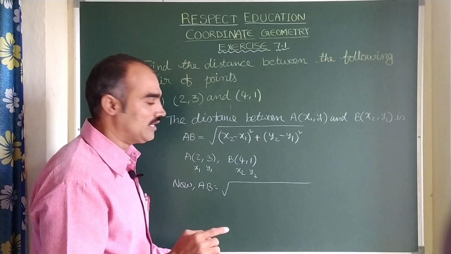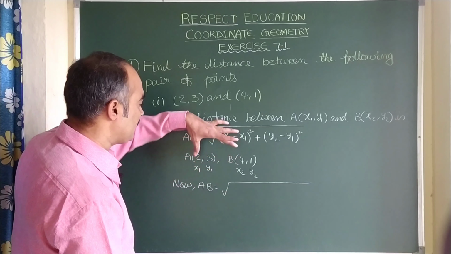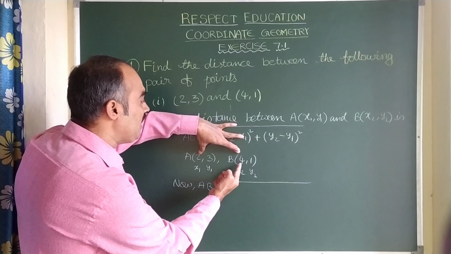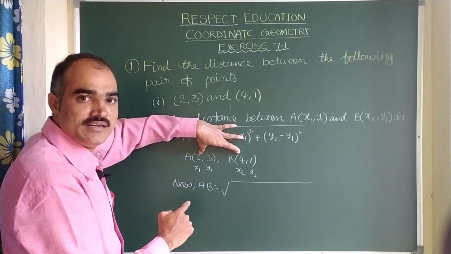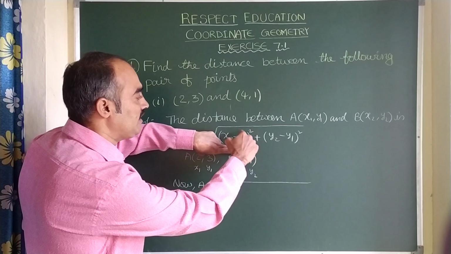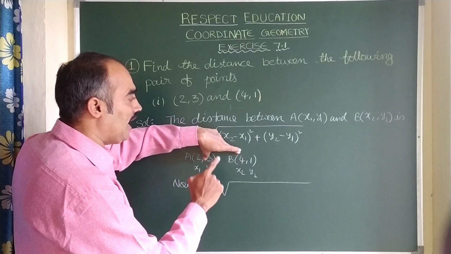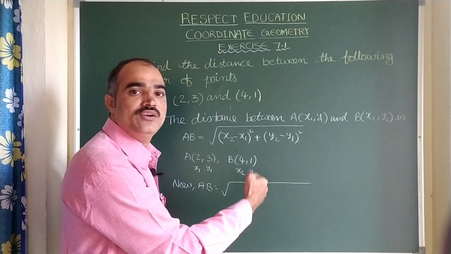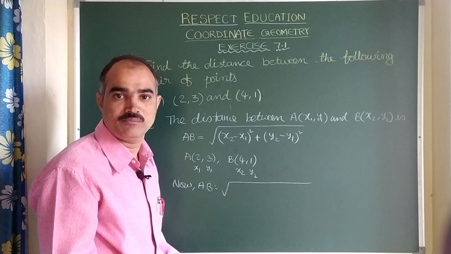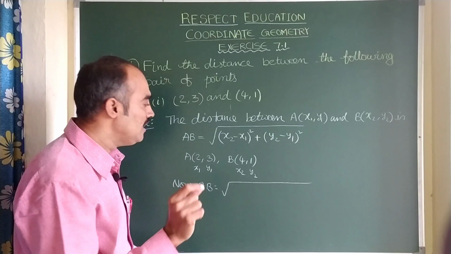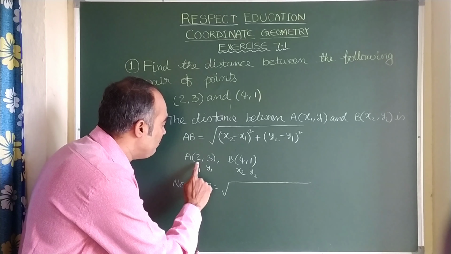So I would like to tell you that first you keep your fingers at x1 and x2, whichever is bigger you can take the bigger one first and then the smaller one, because anyway you are doing whole square. In that whole square if a negative comes, that is positive only. That's why, better, unnecessarily we write negative and convert into positive, we may forget sometimes or we may get confused.